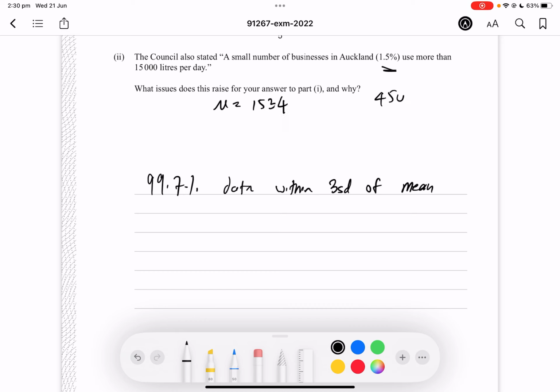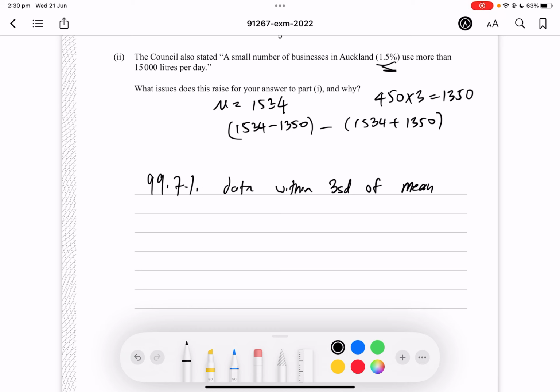And 450 times 3 is equal to 1350. So we expect 99.7% of the data to be within 1534 minus 1350 to 1534 plus 1350. But 15,000 is much, much bigger than that. And it's actually a pretty significant number, 1.5% of businesses that are using more than 15,000 liters per day.